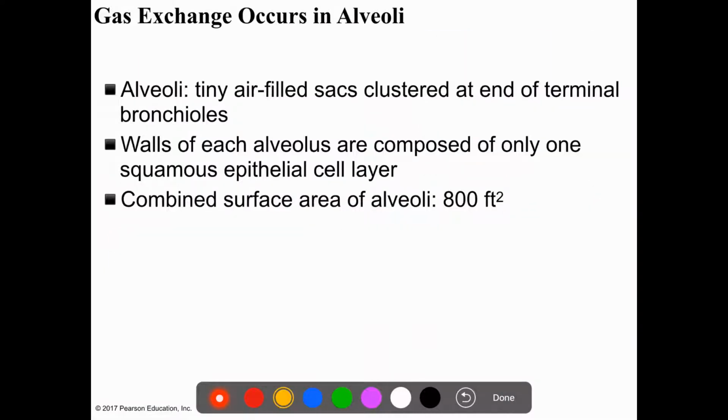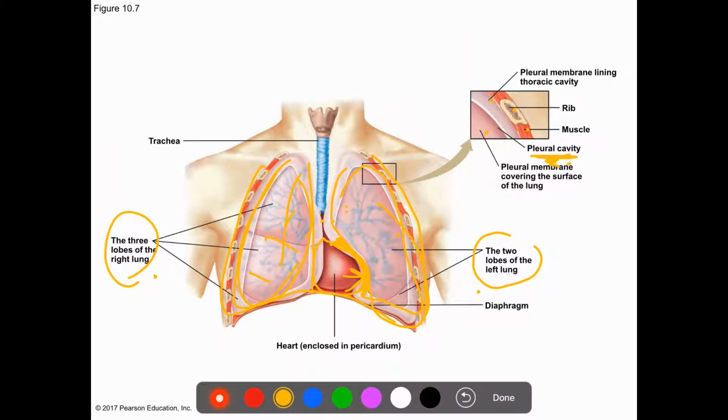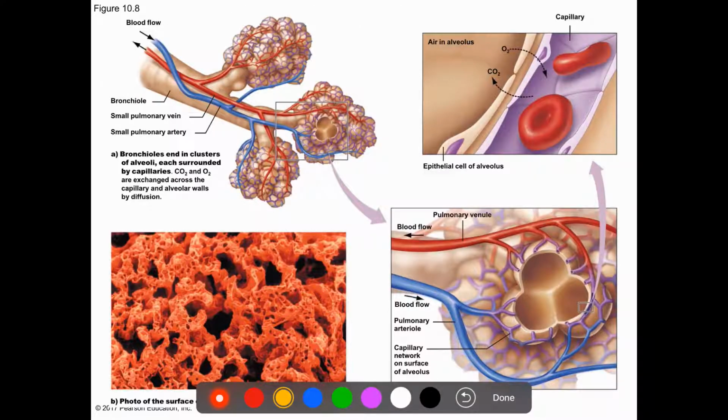Now, let's go back to here. Sorry, these branches of bronchioles are going to end up in clusters called alveolar sacs.